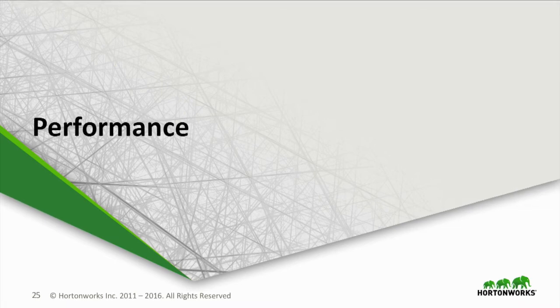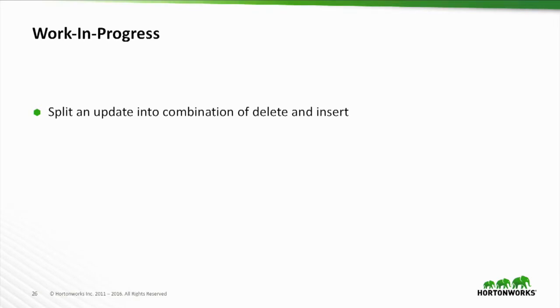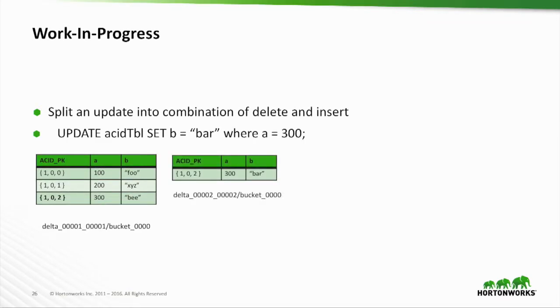Let me talk a little bit about the work that we're currently doing and share some performance numbers based on that. So internally, we refer to it as a split update feature. As you remember, previously I showed that when you run an update operation, you create a new Delta file, and a delete with a new version of the data is written to that file.